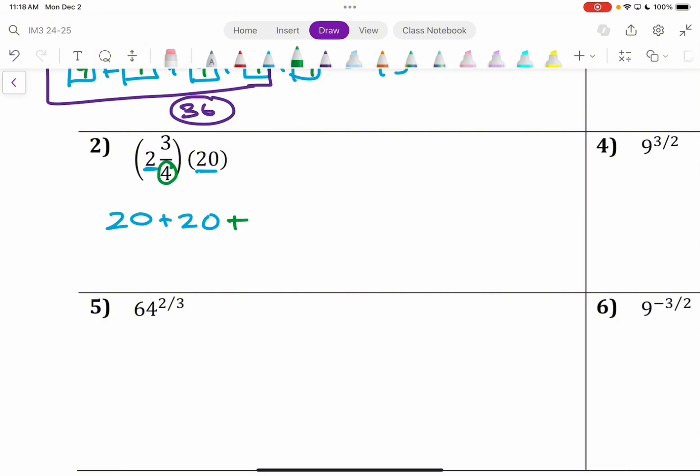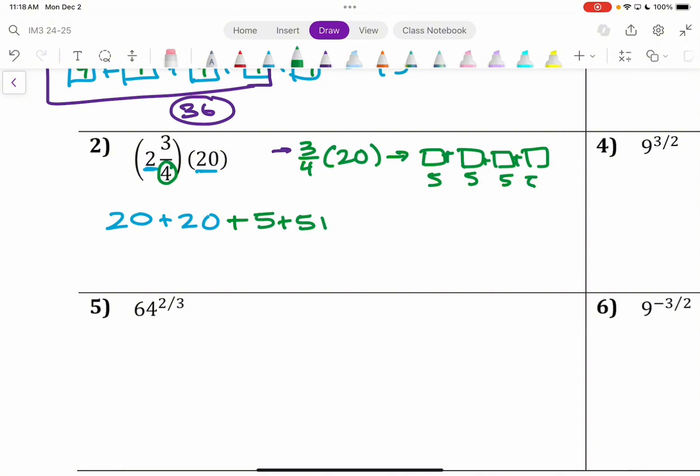So 3/4 of 20 would be some number plus itself 4 times. Well, that number would need to be 5. But my numerator is telling you I want 3 of these. So I'm going to do 20, 20 plus 5 plus 5 plus 5. This is equal to 40 plus 15, which is equal to 55.